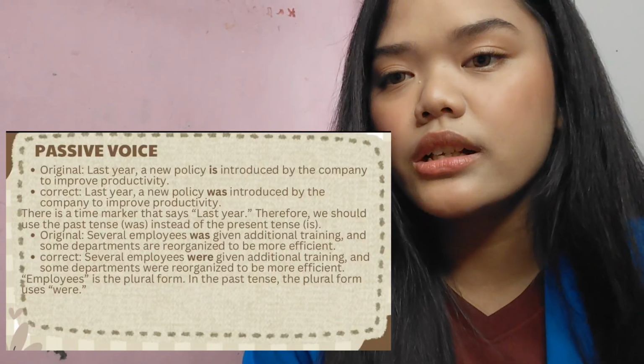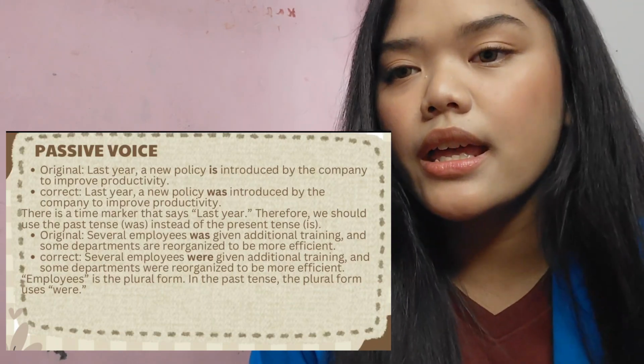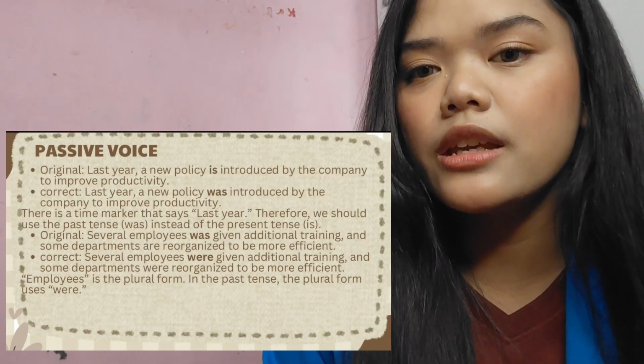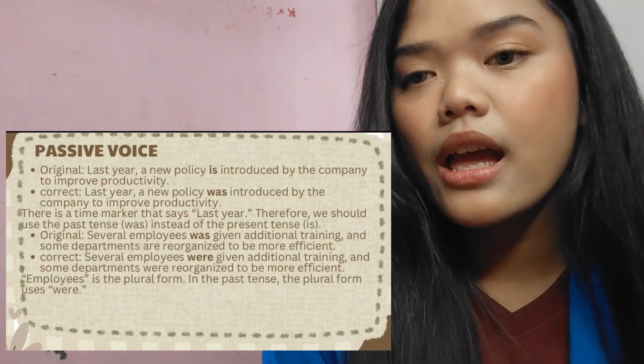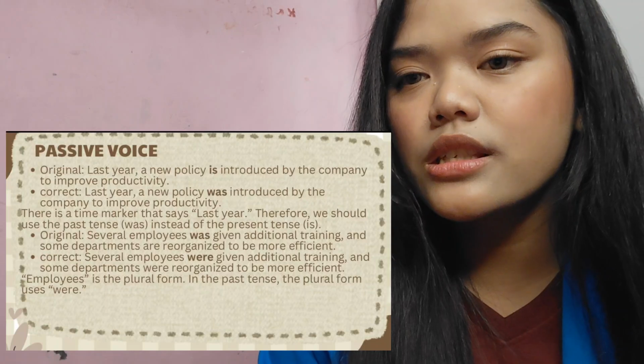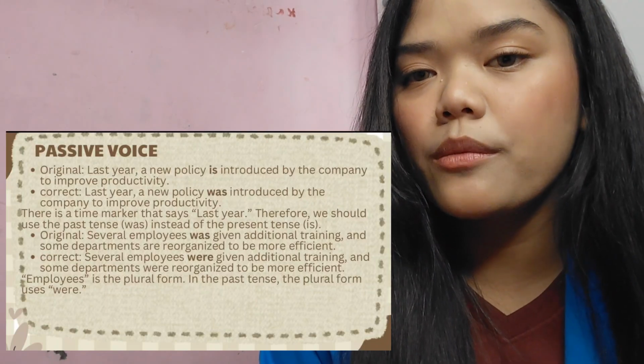Next, original: Several employees was given additional training and some departments are reorganized to be more efficient. Correct: Several employees were given additional training and some departments were reorganized to be more efficient.